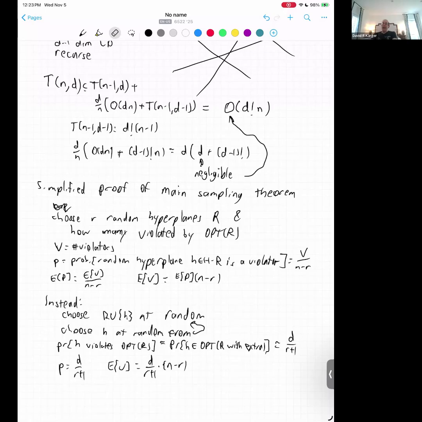But the easy way to analyze it is to describe exactly the same probability space in a different way, which is that I am starting by choosing R+1 hyperplanes, and then I am randomly calling one of them H. It has exactly the same distribution over sets of R's and H's. Okay, yeah, that makes sense.